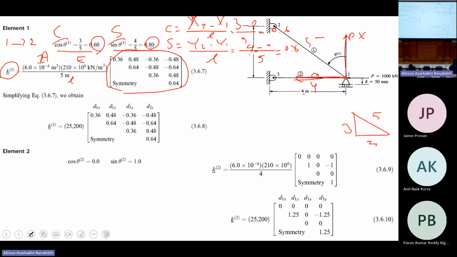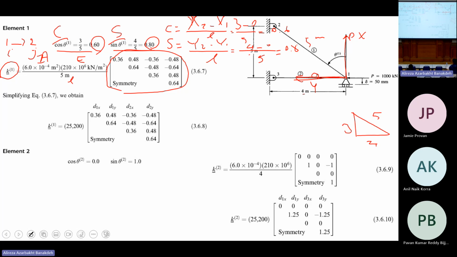Which points? The points the element connects. We're talking about element number 1, which connects node number 1 to node number 2. So I'm talking from I to J. I is the beginning of the element, J is the end of the element.